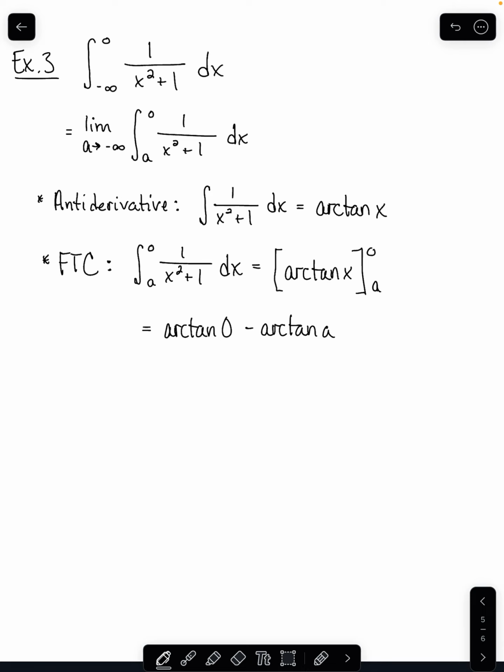Well, the arctangent of 0 simply is 0. So we are left with negative arctangent a. Lastly, we can apply the limit.